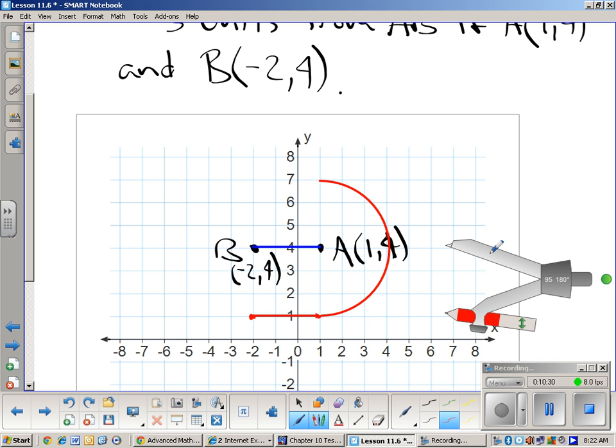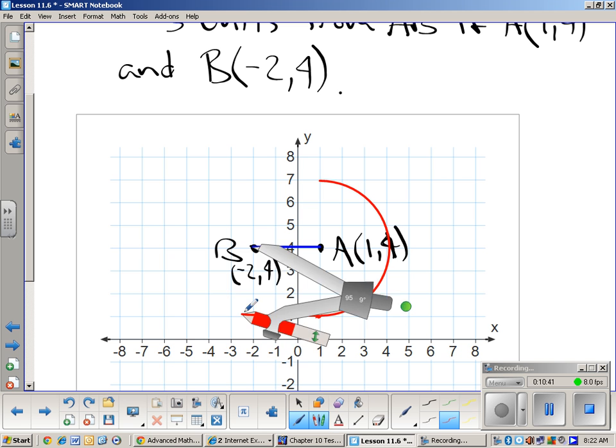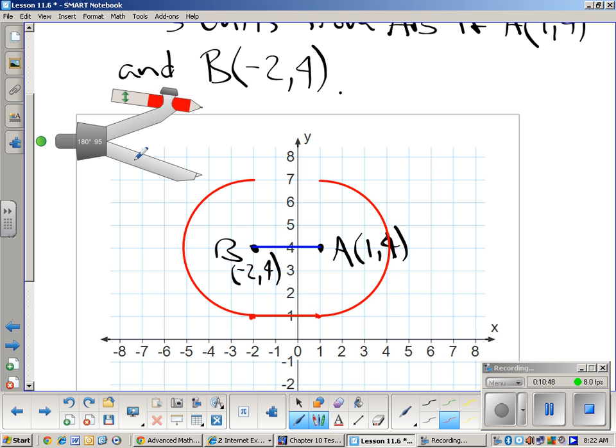Maybe you want to do that on the other side also? Yeah, you can do that on the other side. I could do that on the other side also, you say? So I could come over to B. Go to there. And then everything between those 2 points on top, like you did.